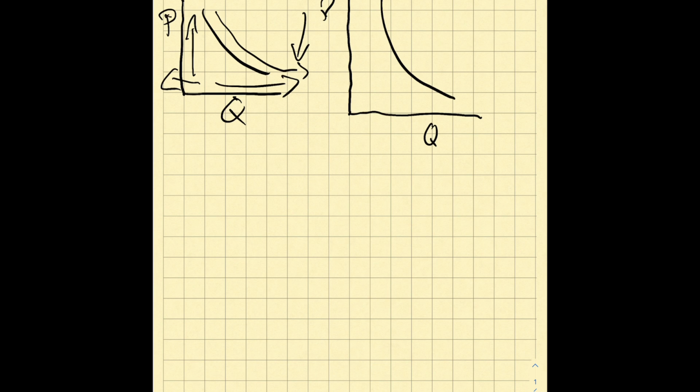So a shift is a movement either left or right. It doesn't change the steepness of the curve. All it does is move it all the same portions to the right or to the left.